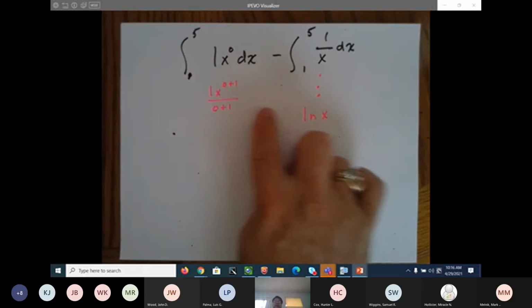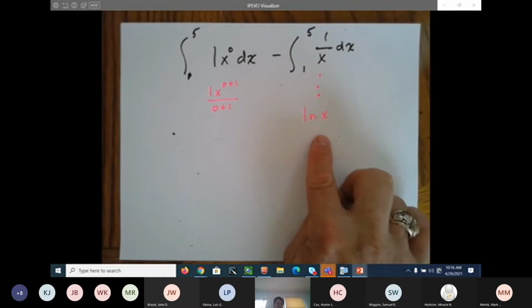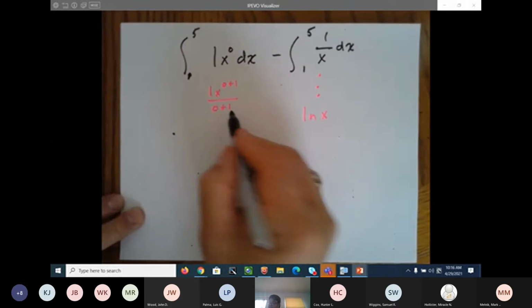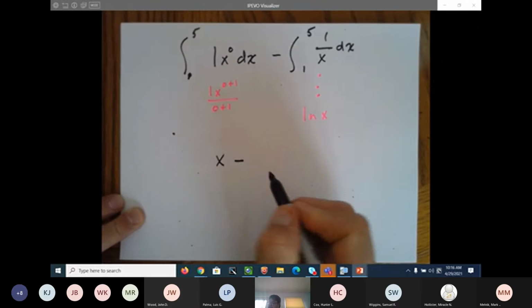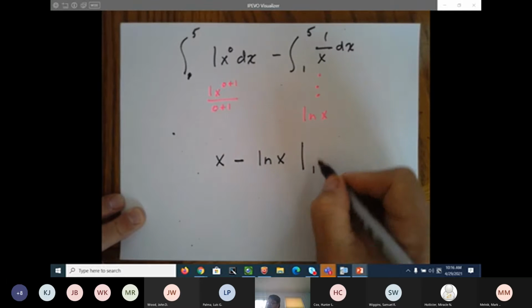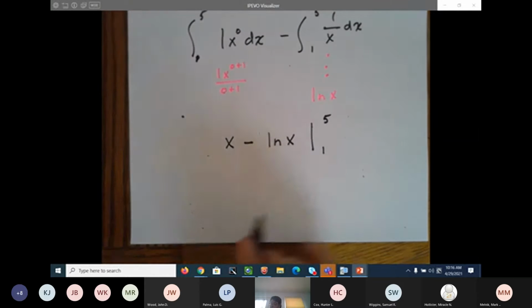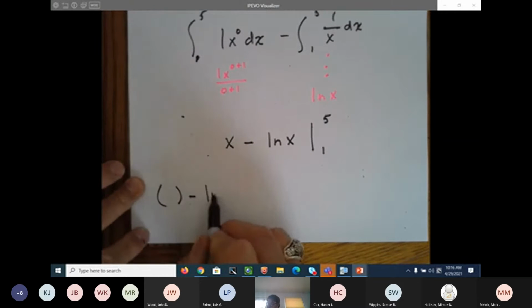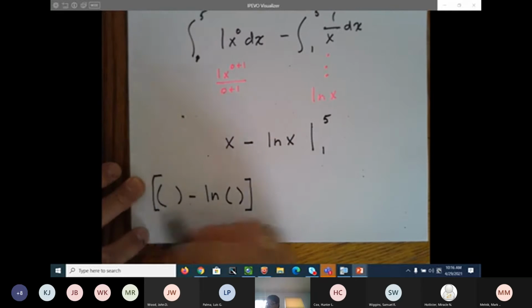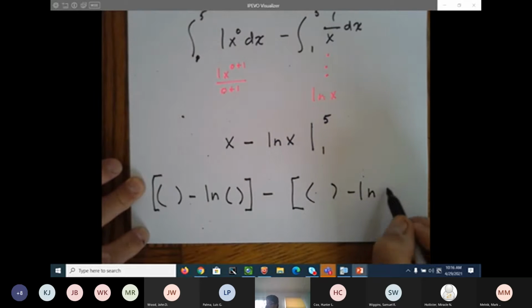So if you simplify this one and bring this one down, you're going to get x over 1, which is x, minus natural log of x evaluated at 1 and 5. And I want y'all to do that. Parentheses minus natural log of parentheses, minus parentheses natural log of parentheses.